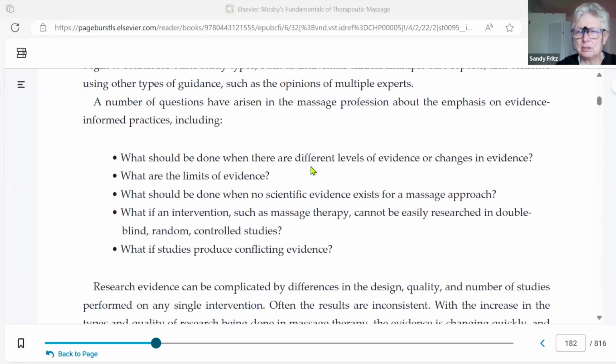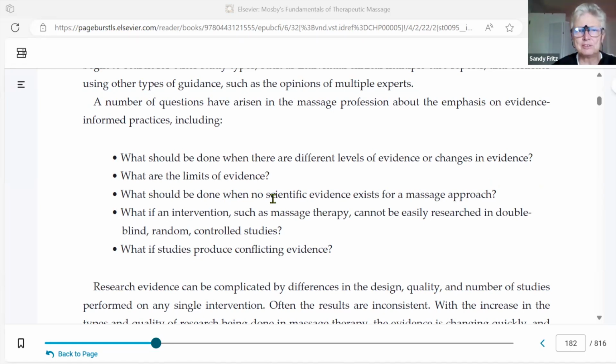The interstitium that is talked about in the science book has always been there, but it was a relatively new awareness because the technology had changed, and it changed how manual therapists, including massage therapists, looked at some of the work they did, as well as how the fluid is exchanged in the body.